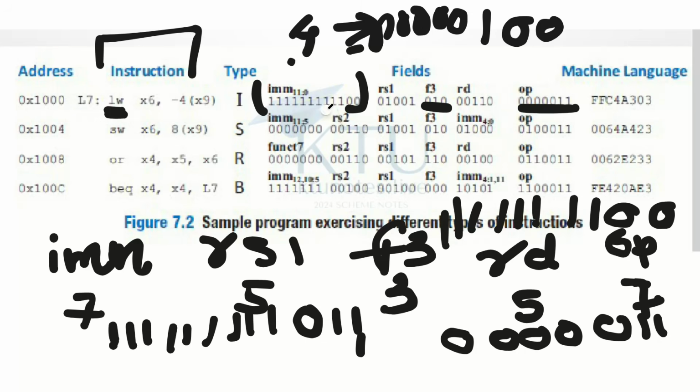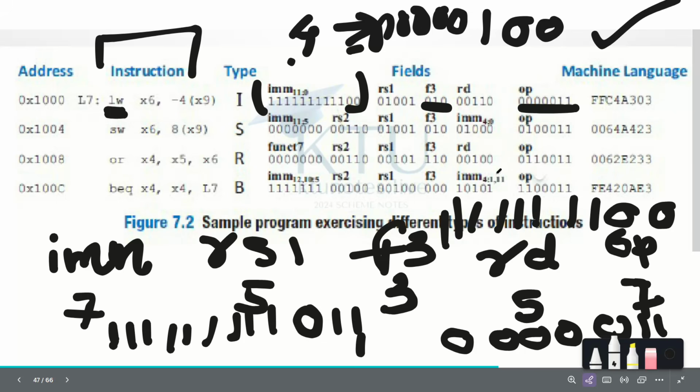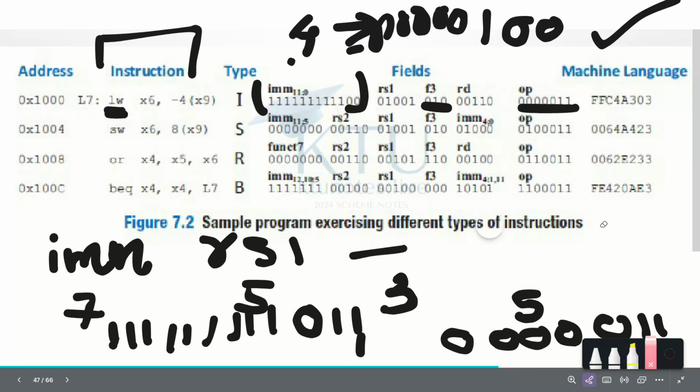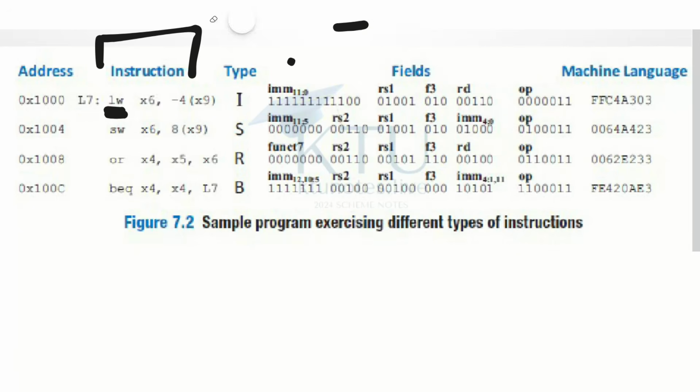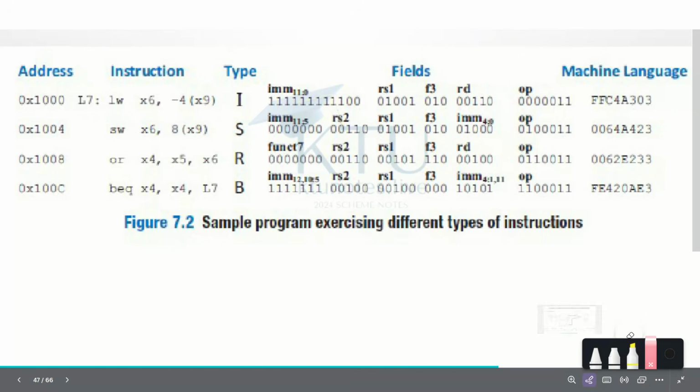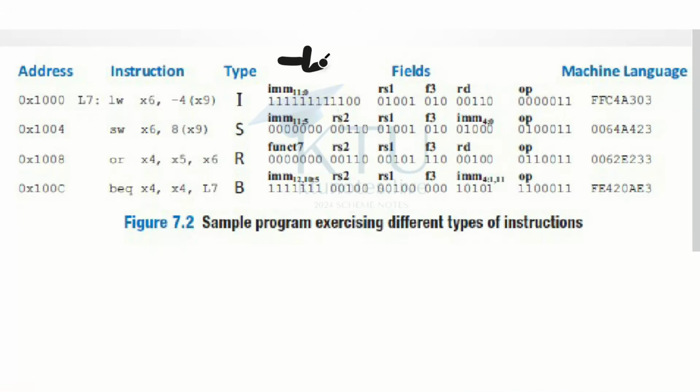So for the 12 bit, first you take the 4's 12 bit value, then you take the 1's complement, then you add 1 to it, right? So I know this is a very messy slide right now, so I'm going to erase these things what I have written here. So right now you understood how we got this. I hope you understand how we got this -4 value here, fine.